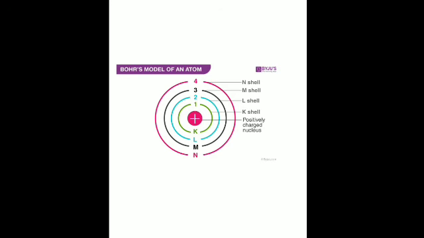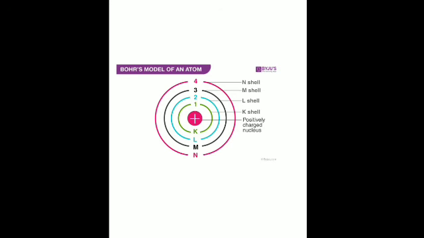I told you the electrons revolve around the nucleus in shells which are known as orbits, and as you start moving away from the nucleus, the energy of the electrons contained in them keeps on increasing.